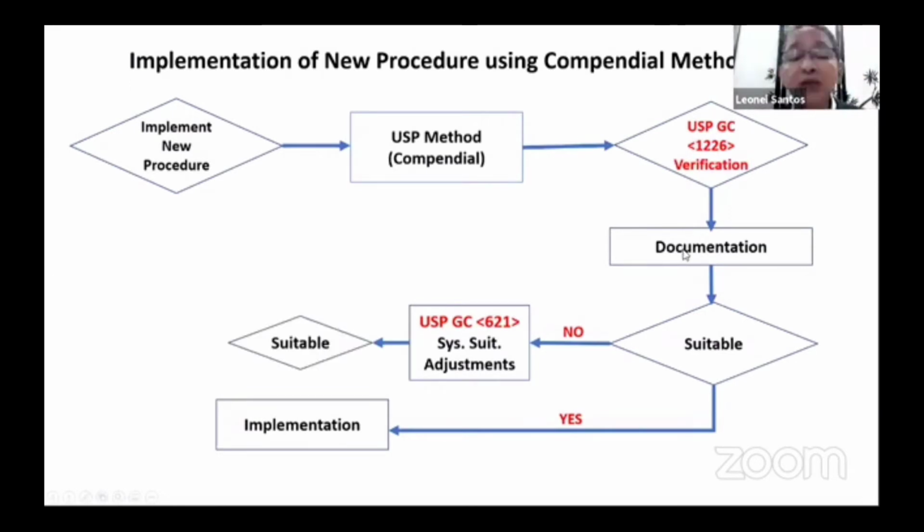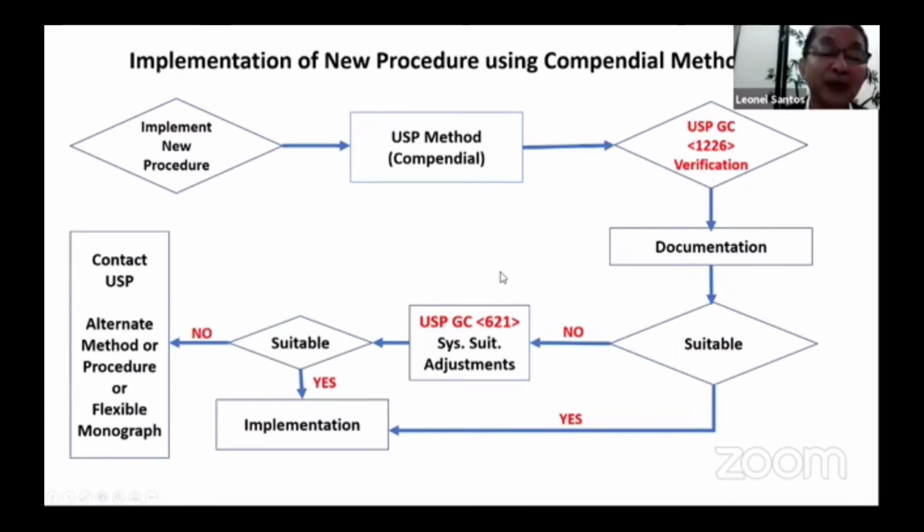So you can make those adjustments and determine if the method is appropriate to analyze your sample. If it is suitable, then you can do the implementation. And if not, then you'll have to contact United States Pharmacopoeia for possible alternate method or procedure, or even the creation of what is called a flexible monograph.